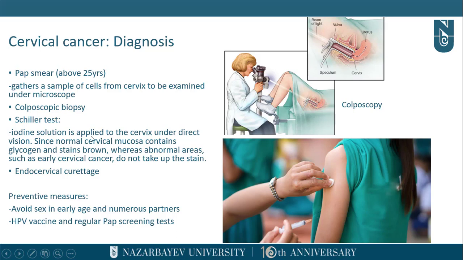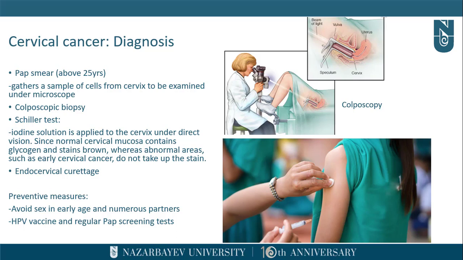This is like in real time, they can see the cervix, its condition, and any changes in the tissue. Regarding another express test, it's called the Schiller test, where we apply an iodine solution to the cervix, and we can see whether the cervix will stain brown or not.